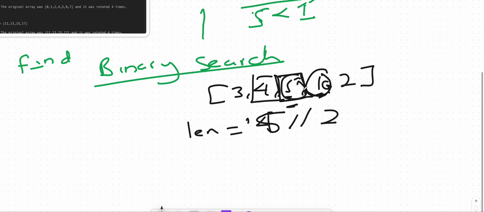What are you going to do? We check, is 5 less than the next one? If it is less than the next one, the minimum is the next one. Also we see 4.